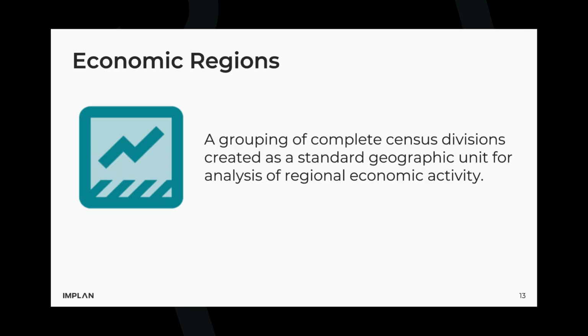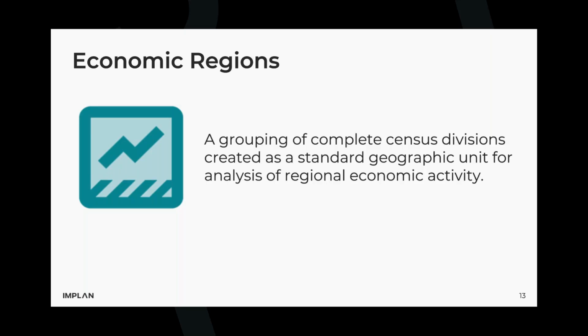There's one exception to that where census divisions are split. But otherwise, they're made up of complete census divisions, and they're all grouped together specifically to create this standard area for economic analysis. They're small enough to permit regional analysis, but large enough that the statistics can be released without issues of data suppression.